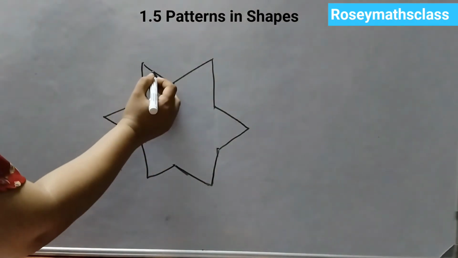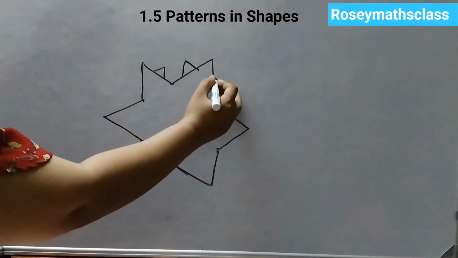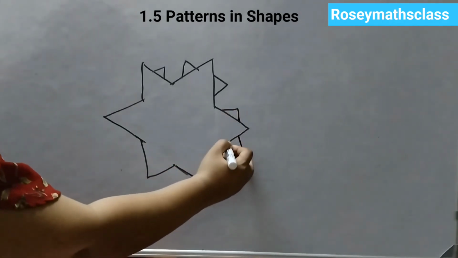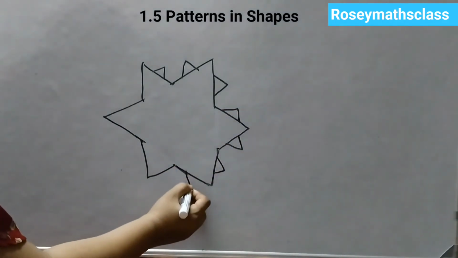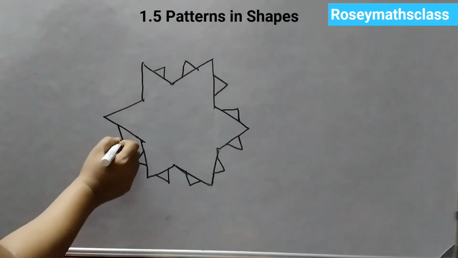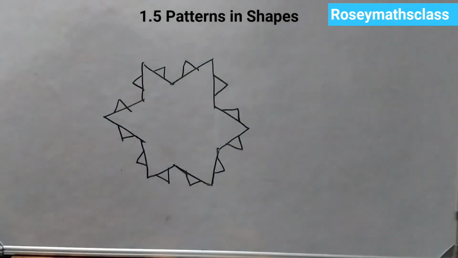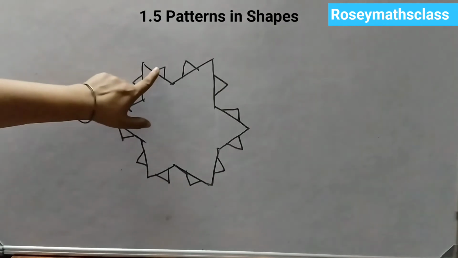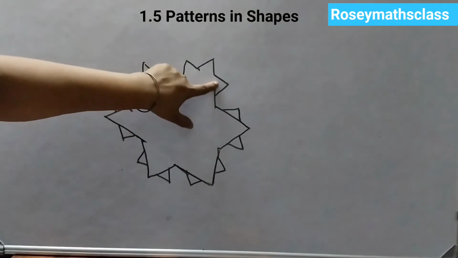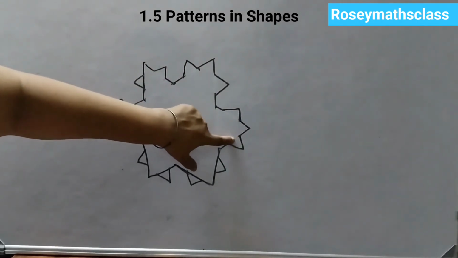For the next picture, again draw small triangles here. Each side you need to draw triangles. And I'm going to rub off this part. So this, just remove this. See how the shape changes.